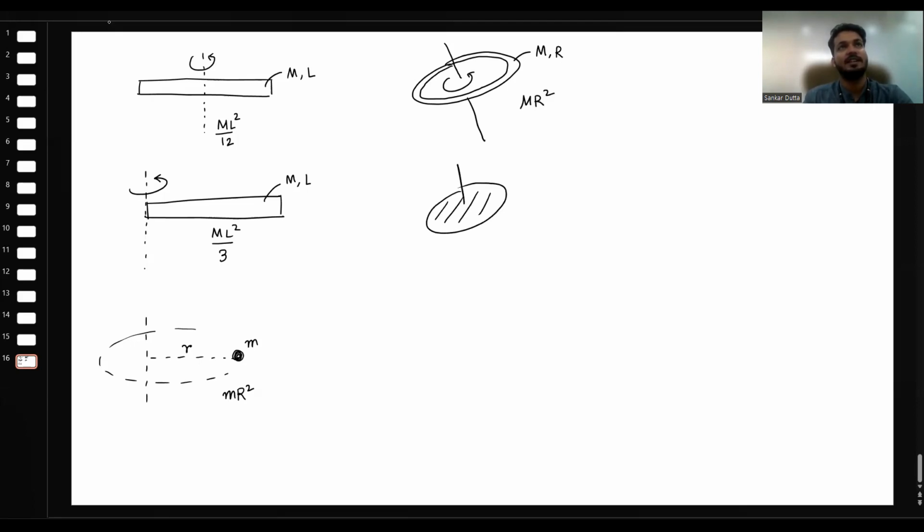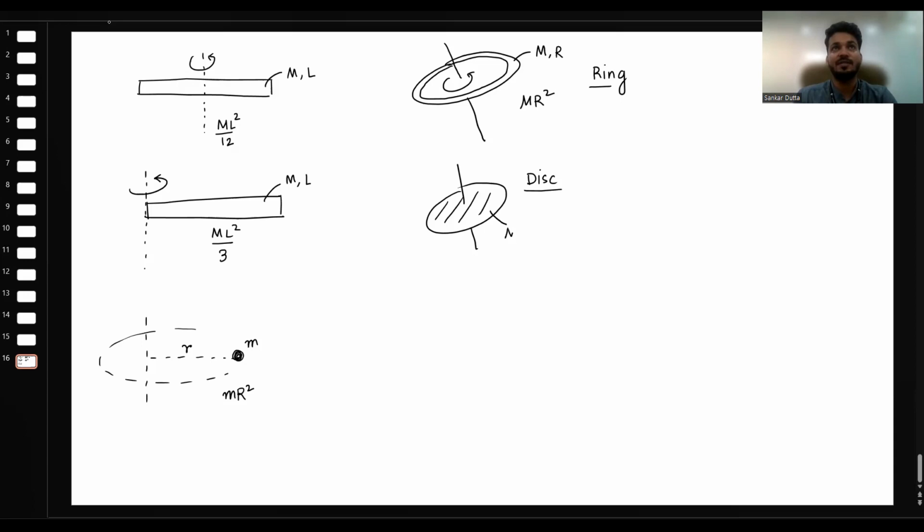Now what is the difference between a disk and a ring? The disk is a 2D planar shape. If the mass is spread out throughout the entire area, we call it a plate or a disk, both terms are okay.